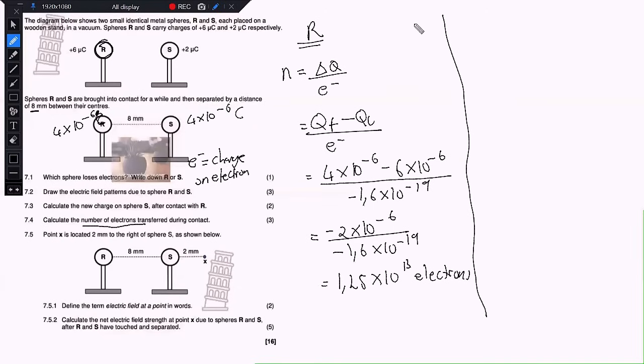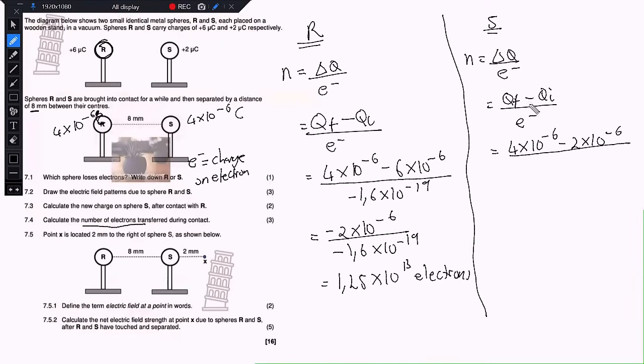So the 1.25 times 10 to the exponent of 13 electrons were transferred during the contact, right? Now, suppose someone chose to reference based on sphere S. Again, n is equal to change in Q over e, and this is supposed to say Q final minus Q initial over e. Q final is 4 times 10 to the exponent of negative 6 minus 2 times 10 to the exponent of negative 6 over, now the e here, note, because when we subtract this in the numerator, it will be a positive, it affects the sign on my e.